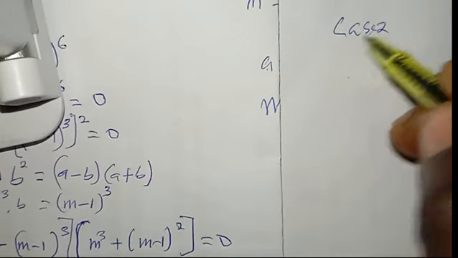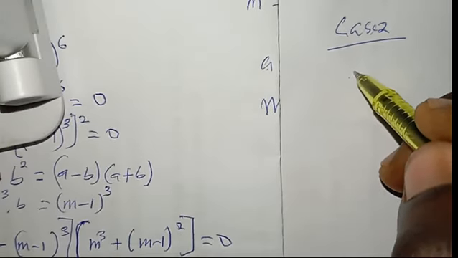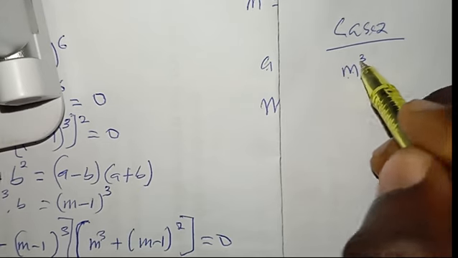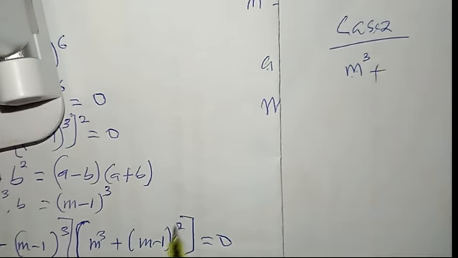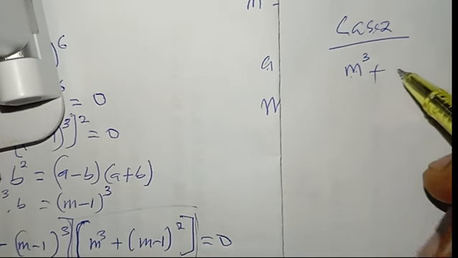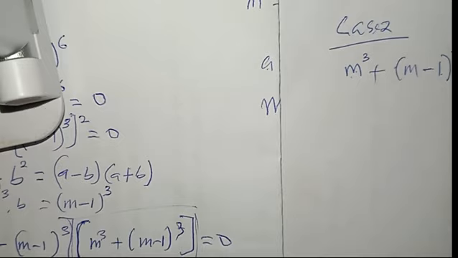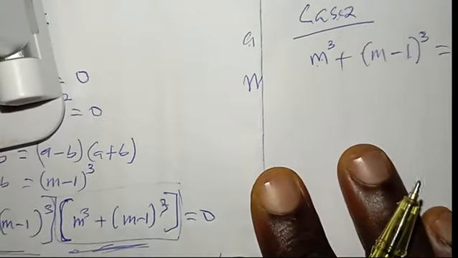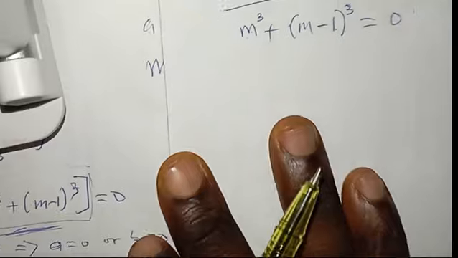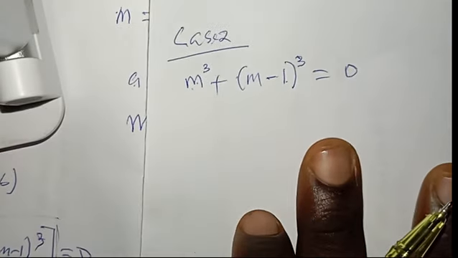So we have case 2 here, and it is for m cubed plus, this is what I'm picking right here, m minus 1 raised to the power 3, and it's equal to 0. Now we're going to continue solving here, and then we find all the values of m that satisfy the equation we are solving.